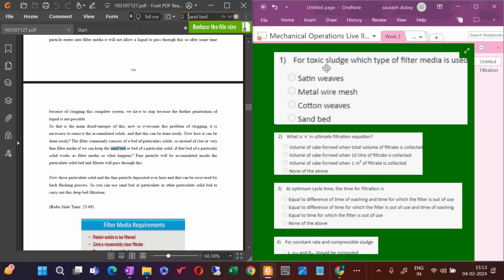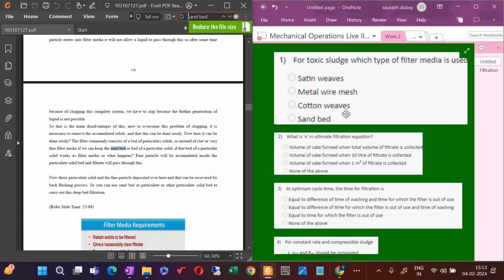But for toxic sludge we usually prefer the sand bed, because if the sludge is toxic, then the filter media that you are using should be easily cleanable.